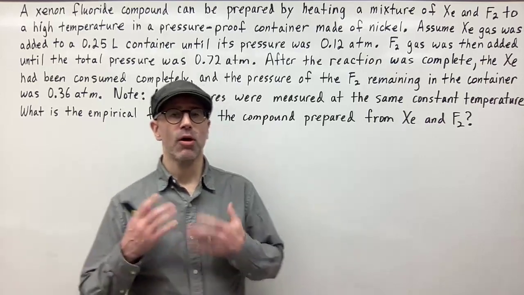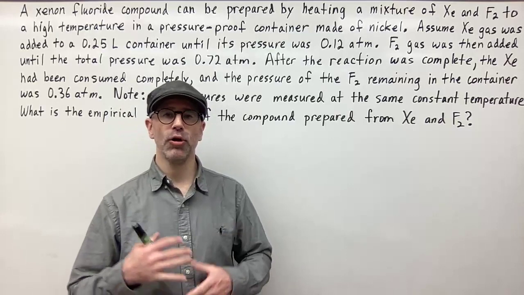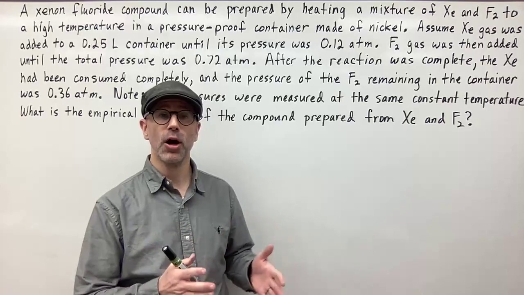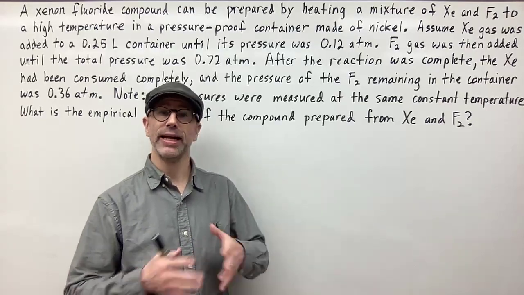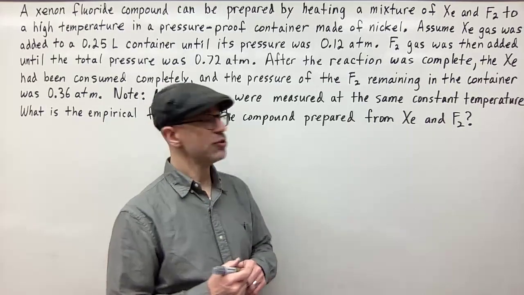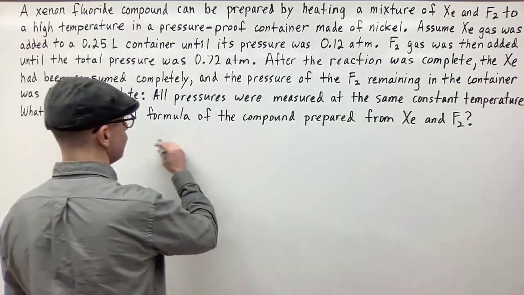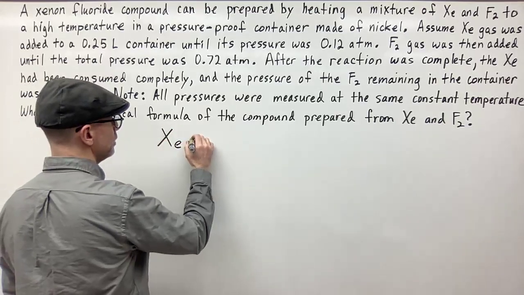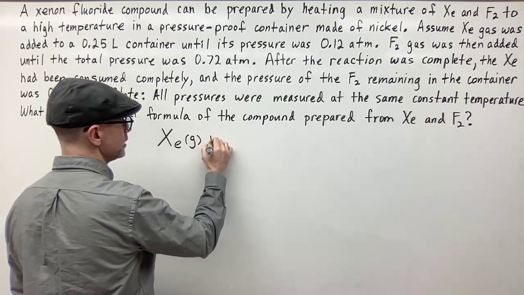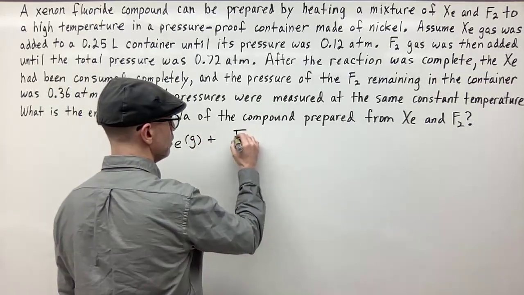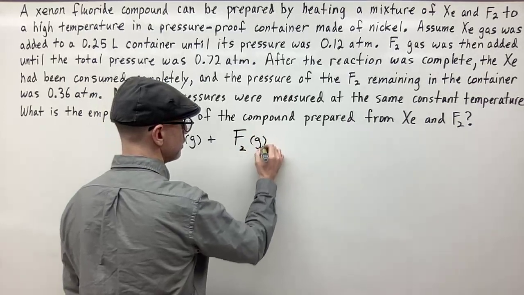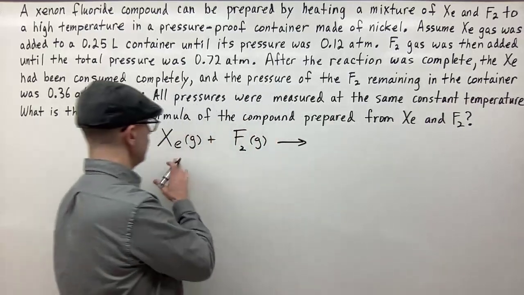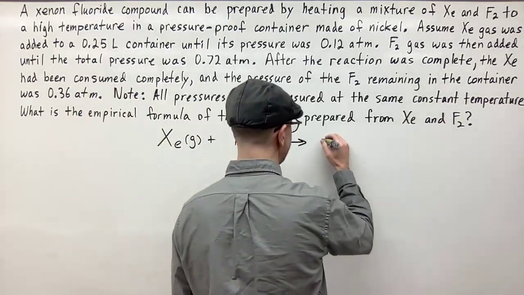Okay, so things to notice. We're asked for the empirical formula of a substance that's formed from xenon and fluorine, and it's a xenon fluoride compound. So if we write the equation, basically we're adding xenon gas plus fluorine gas, and that's going to produce some compound that involves both of these together in the formula.